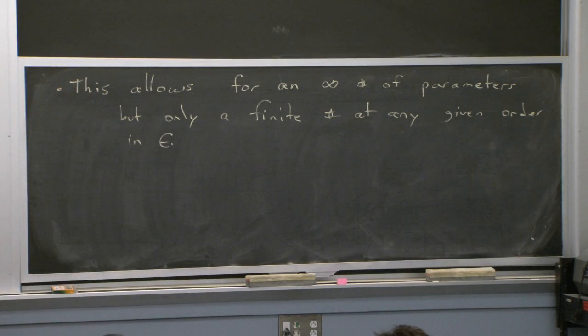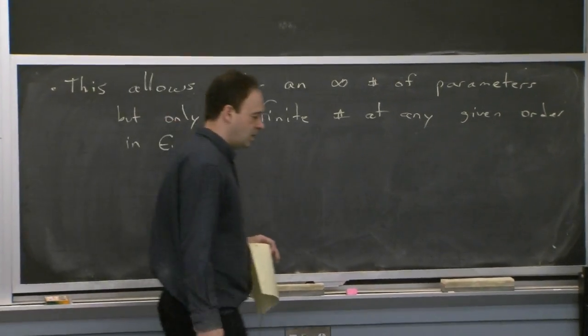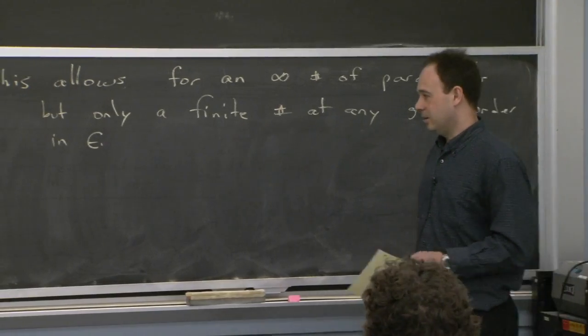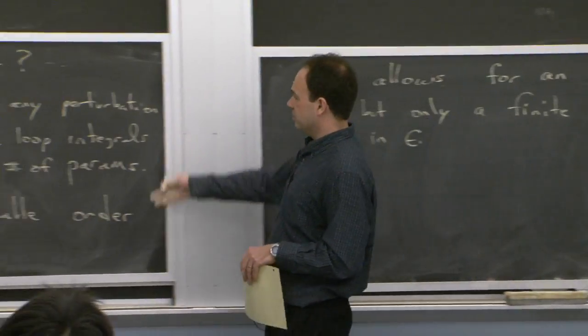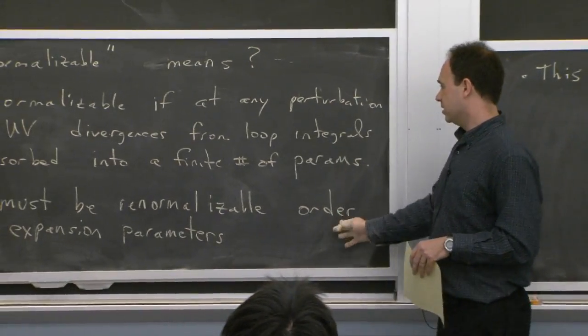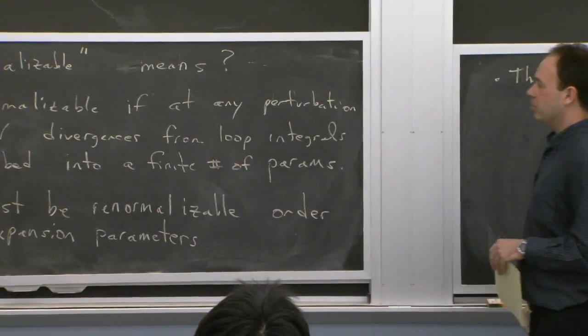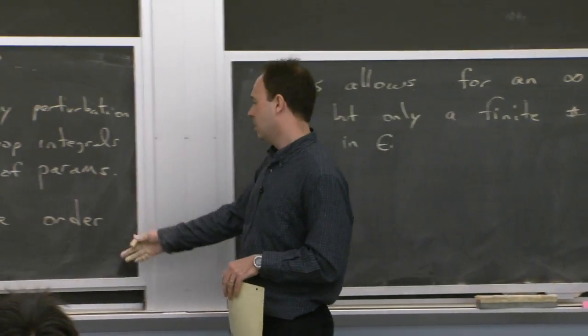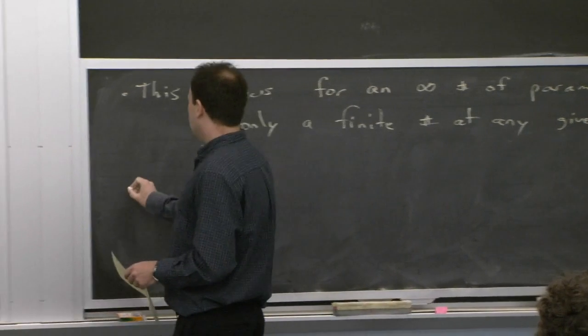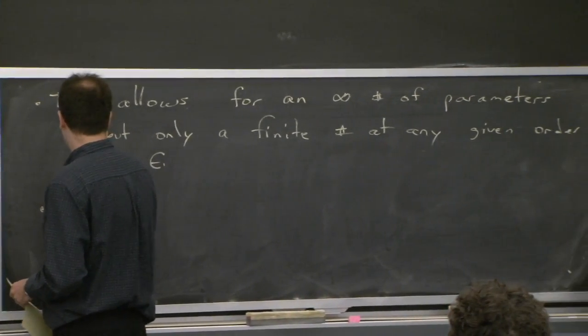Now, if you take this logic that I just said to you, that you could think about things more generally, then you can ask, well, what was the point of thinking about the Standard Model, where the theory turned out to be renormalizable in the traditional sense? How does this fact, which is just a subset of this case, but an important one, fit into this rubric from an effective field theory point of view? And so the way that that fits in is as follows.